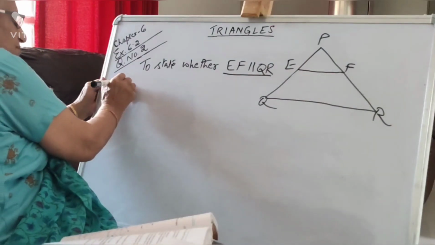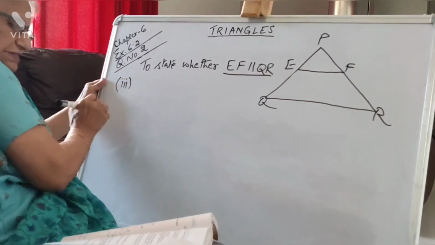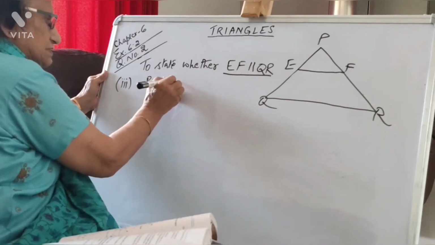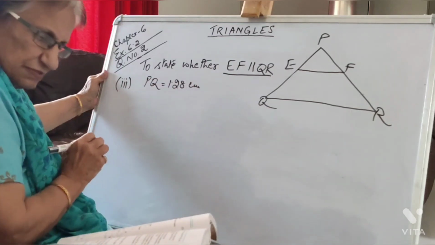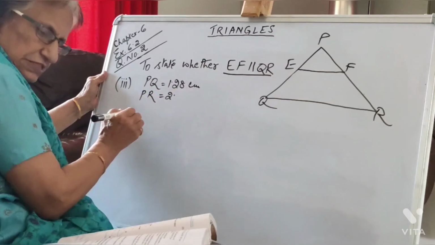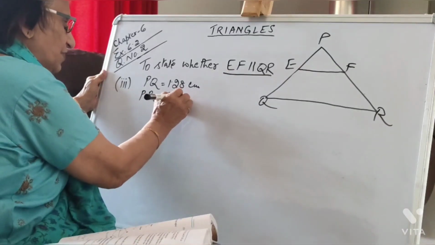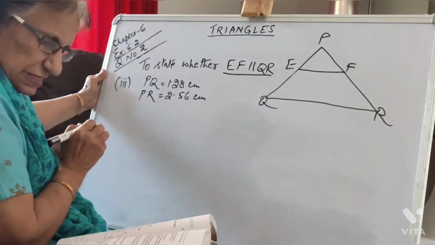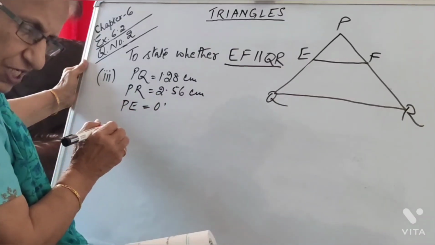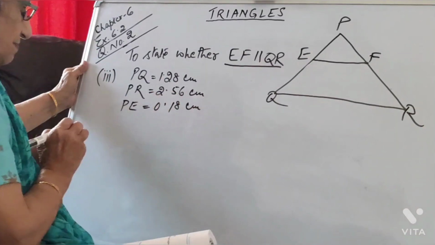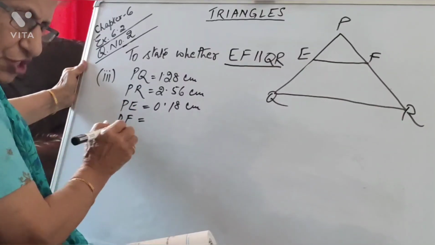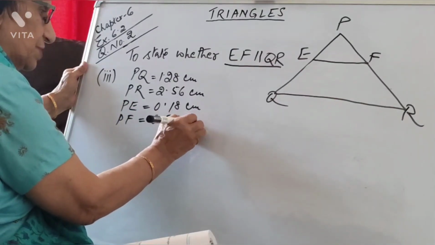Now, third part of question number 2. The given data is PQ is equal to 1.28, PR is equal to 2.56 centimeter, PE is equal to 0.18 centimeter and PF is equal to 0.36 centimeter.